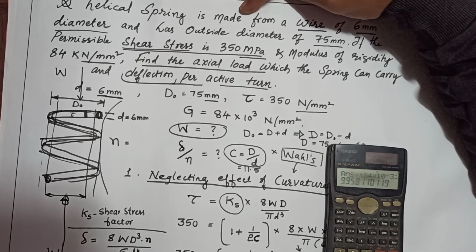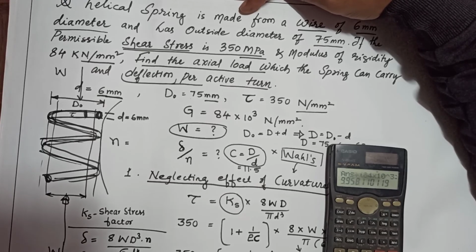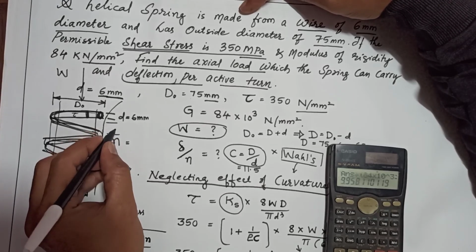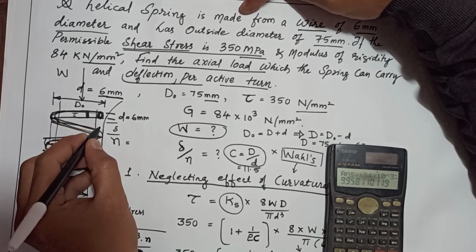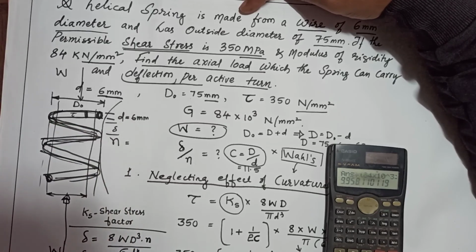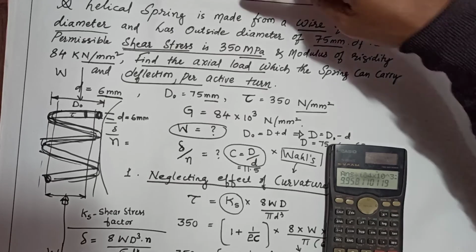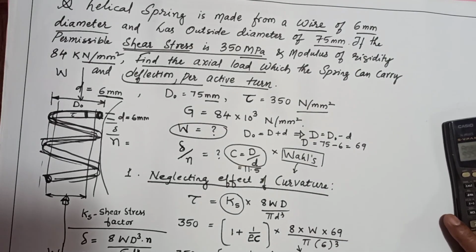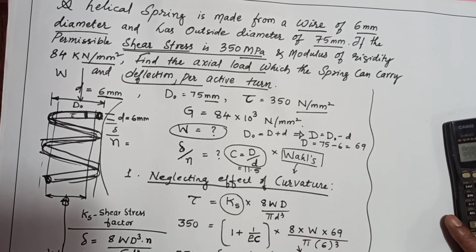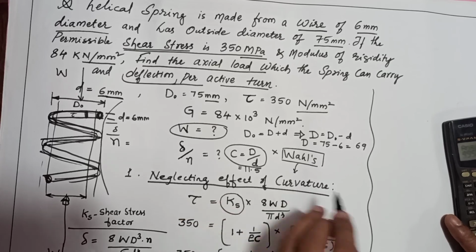This is 9.95. So the deflection per active turn means each turn will take a deflection of 9.95 millimeter, you can write. Okay, so this is one way we can solve the problem by neglecting the curvature.